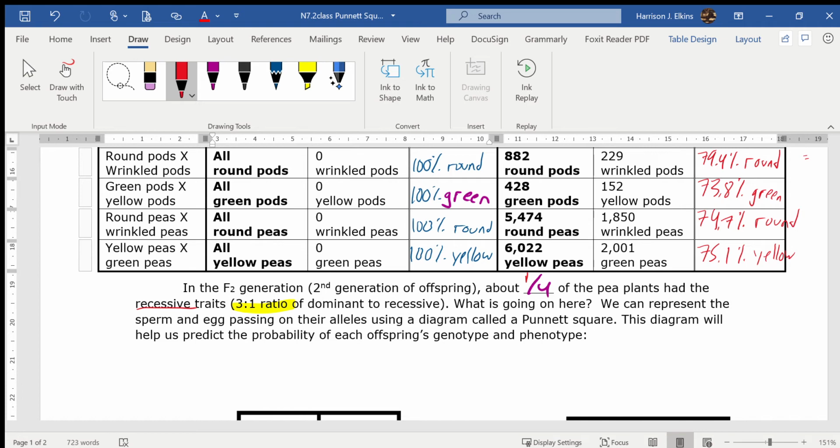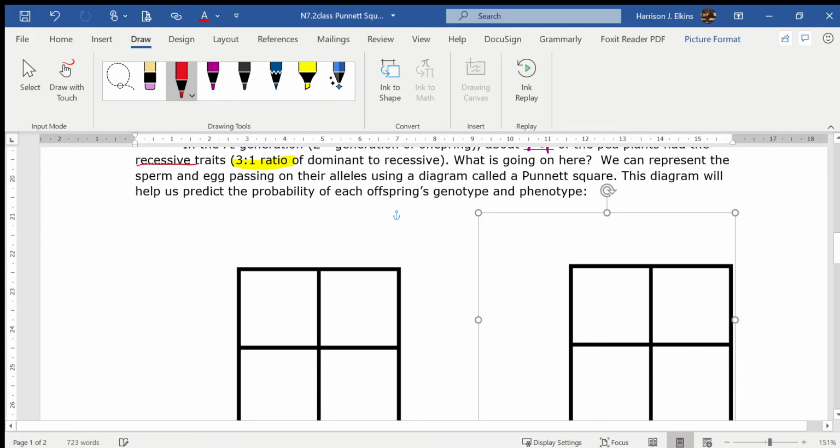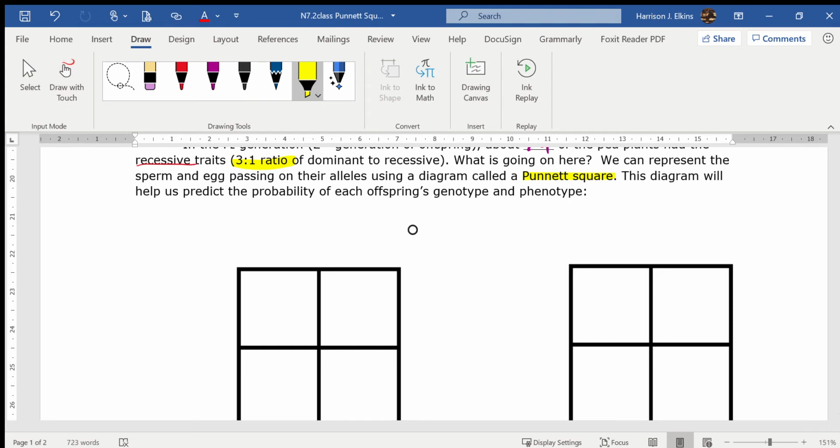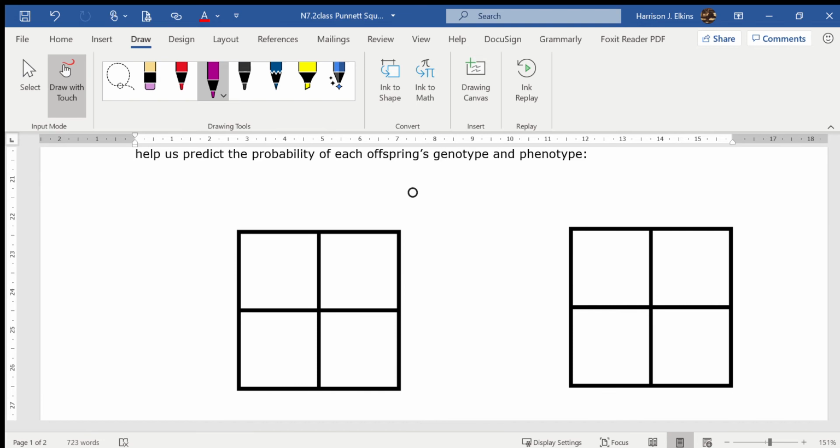All right, so one way to visualize what's happening is to use a Punnett square. This is going to help us predict the probability of the offspring's genotype and phenotype. What I'm going to do here is represent the parents creating the F1 generation.